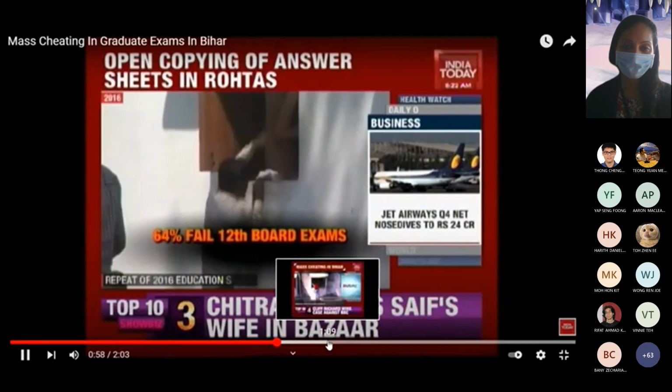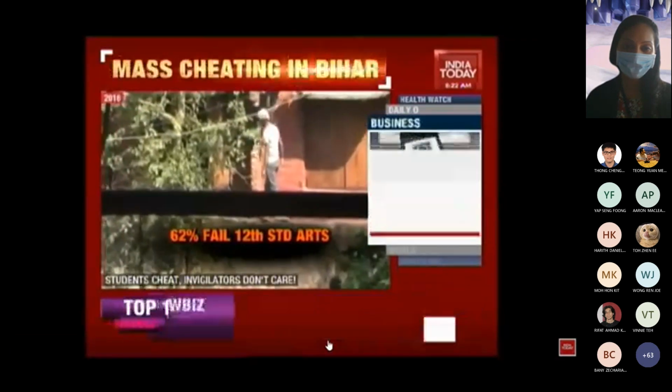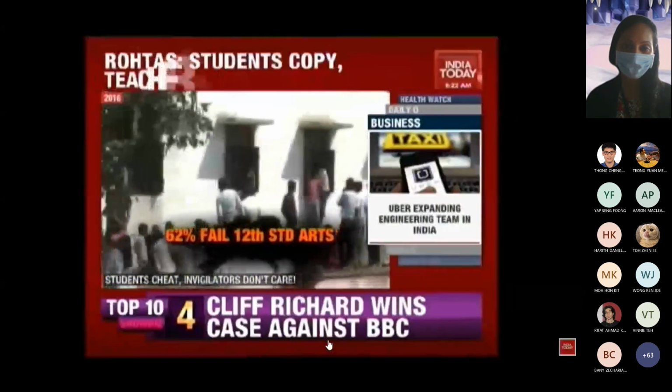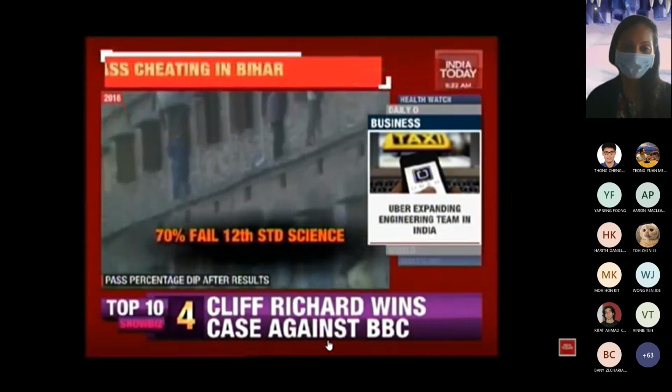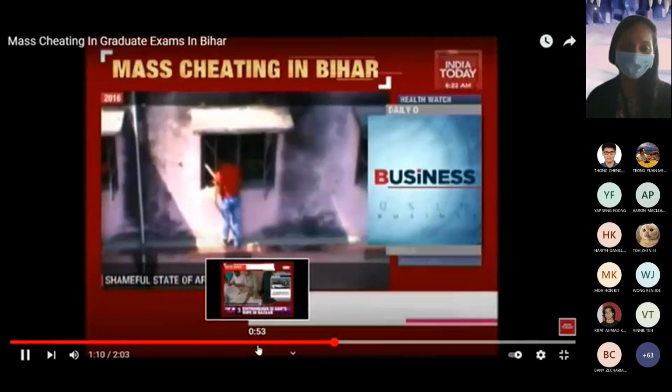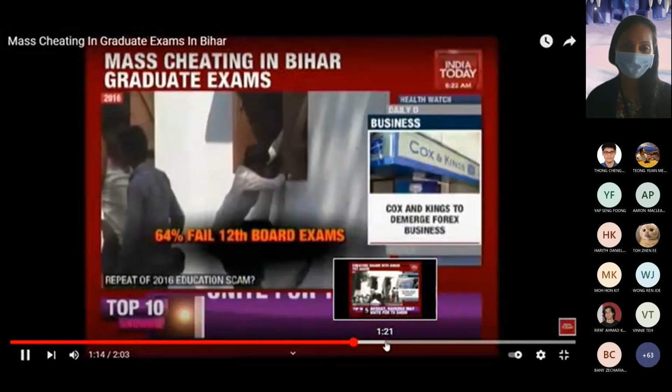Last year, students in Bihar crossed all limits and even scaled school walls to cheat during exams. Some even hung from classroom windows. This year, 64% of students in Bihar board have failed the 12th standard.